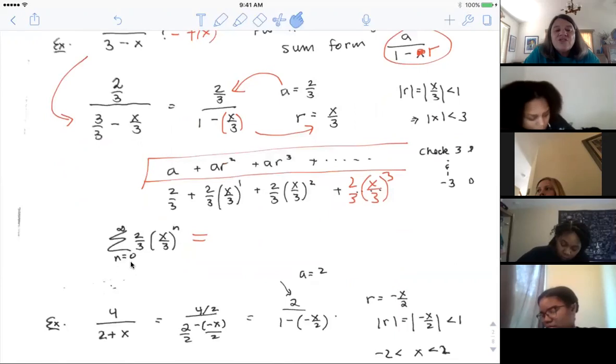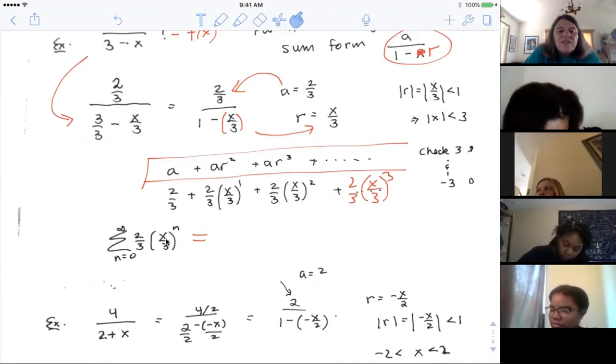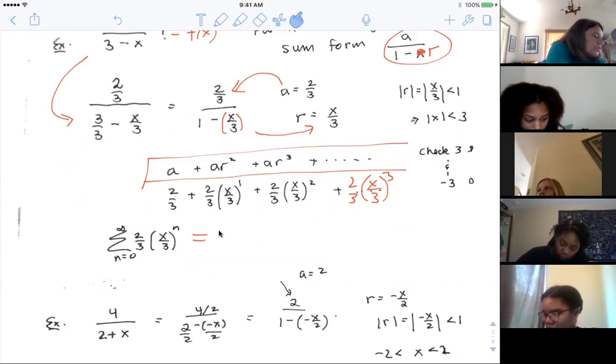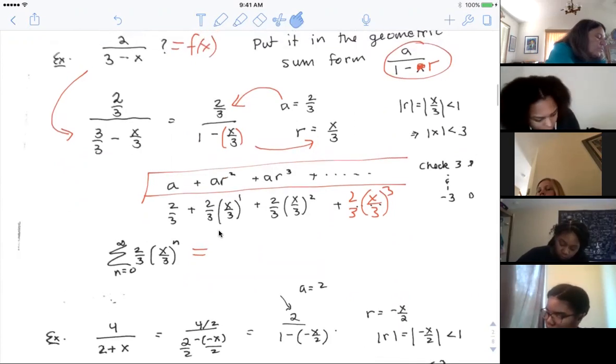Now I do need to start this one at 0 because I do need the 2/3. So if n is 0, anything to the 0 power is going to be 1. So I get 2/3. The next one's going to be 2/3 times x over 3 to the first, and then 2/3 times x over 3 squared, and so on. That's the geometric series.